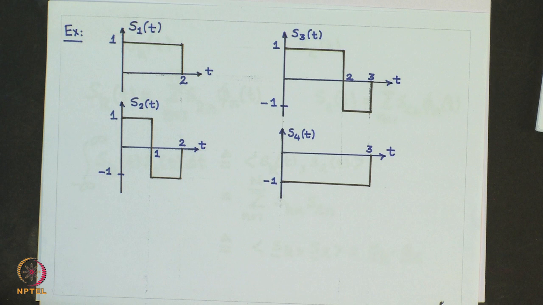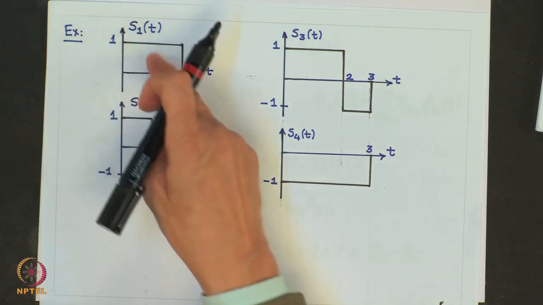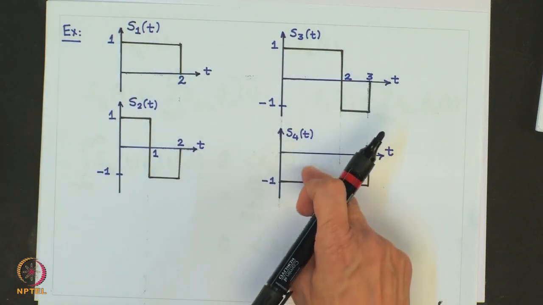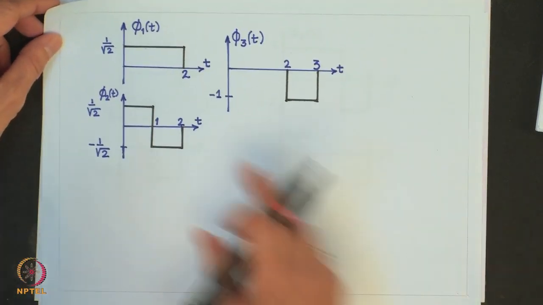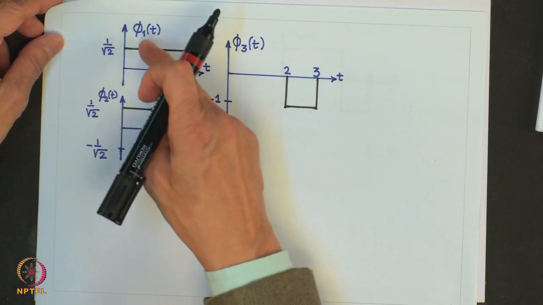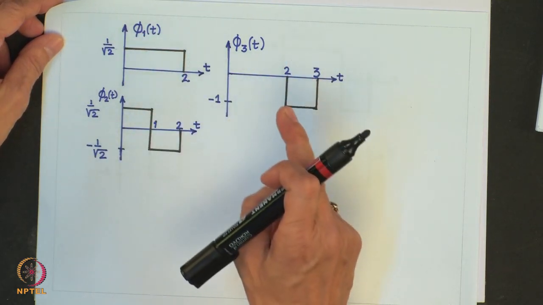It is also important to realize that there are an infinite number of possible sets of basis signals for a given signal space. For example, for this case, when we started with s1(t), s2(t), s3(t), s4(t) this way, we generated this set of orthonormal basis signals.